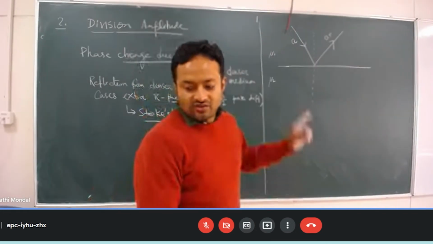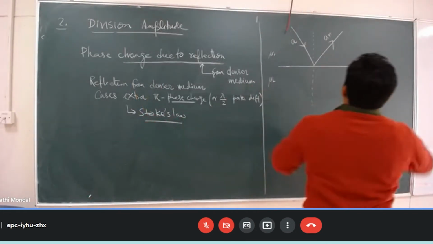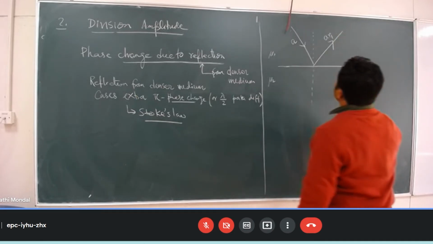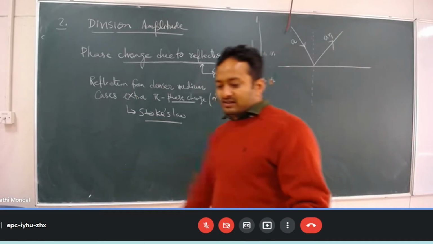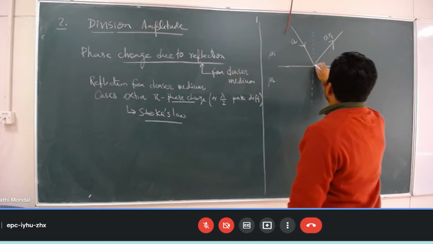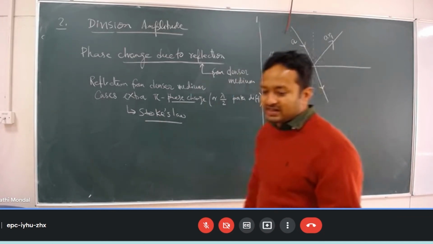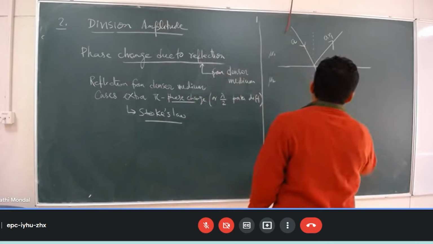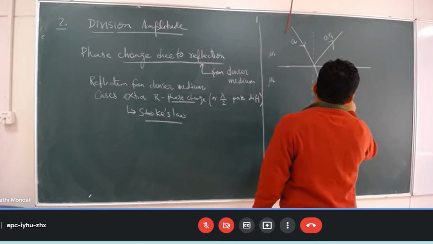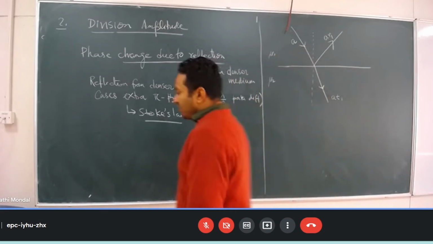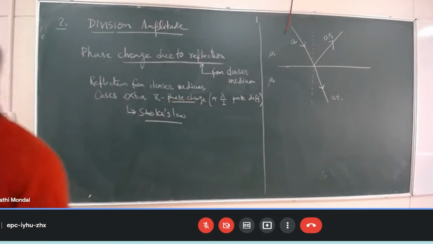Okay, from 1 to 2, let's say it is R1. Again, you will have one transmittance, refraction also, which is kind of transmittance. Let's say it is T1.